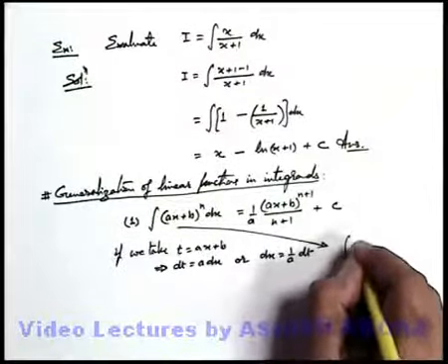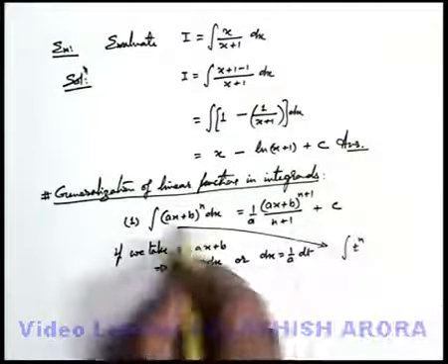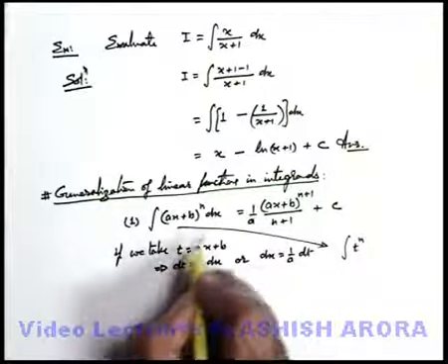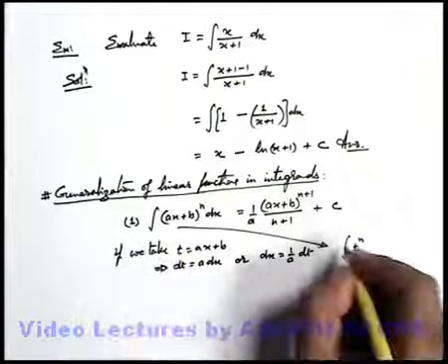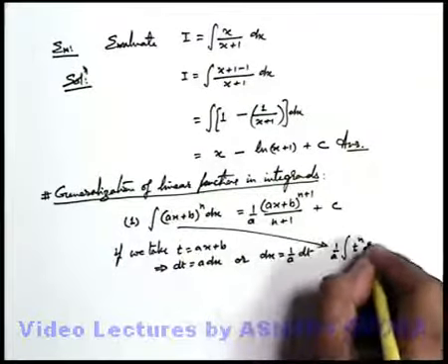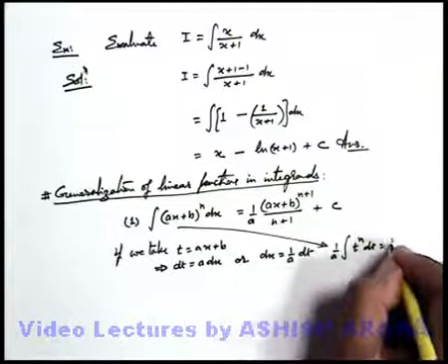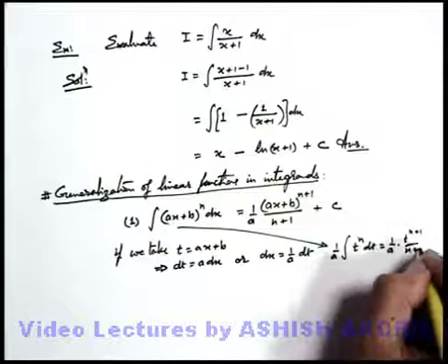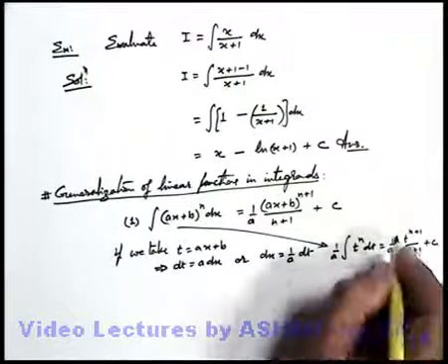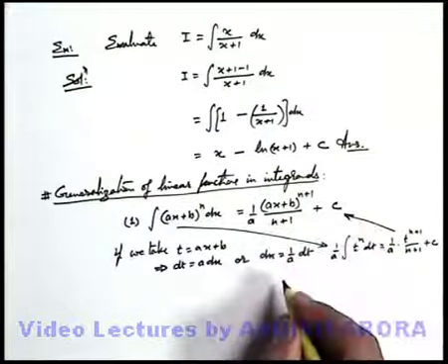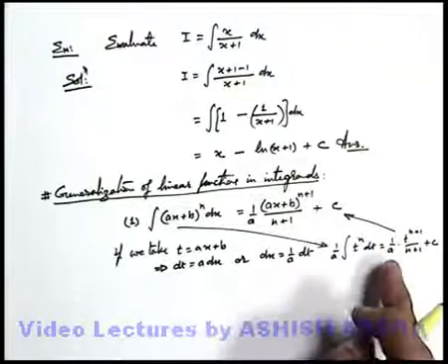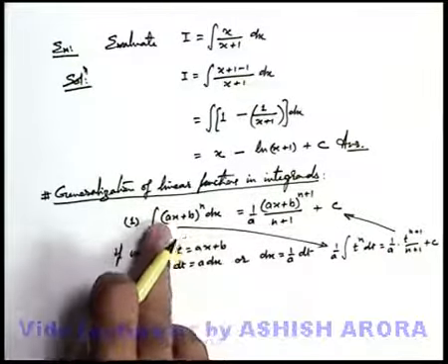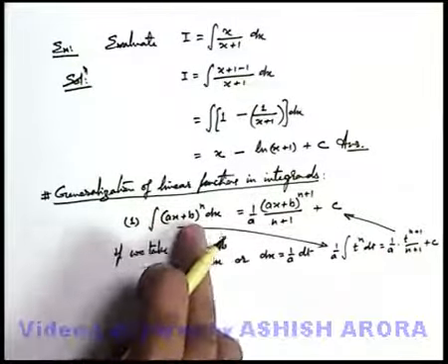It is integration of t to power n, as ax plus b I have taken as t, and dx I can write as 1 by a into dt. So you can see what we are getting is 1 by a into t to power n plus 1 upon n plus 1 plus c. In this manner we can generalize all integrands whenever in the argument we have a linear function.